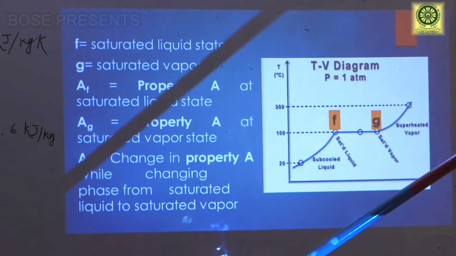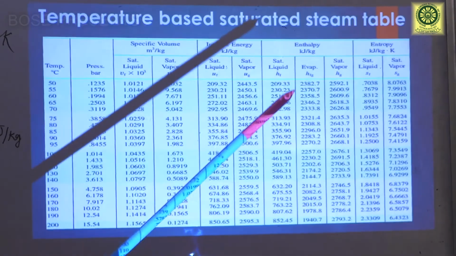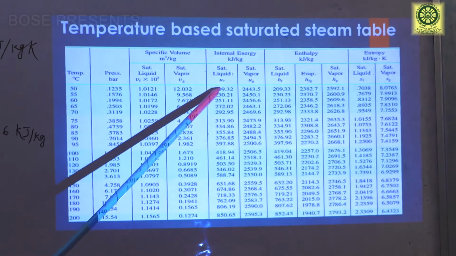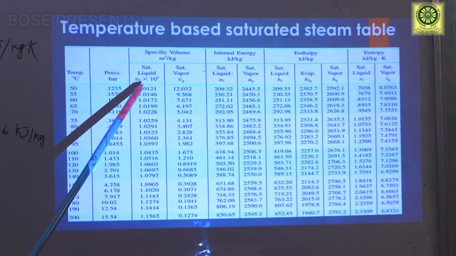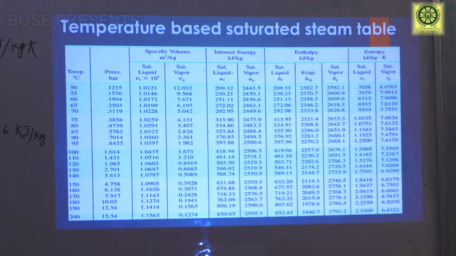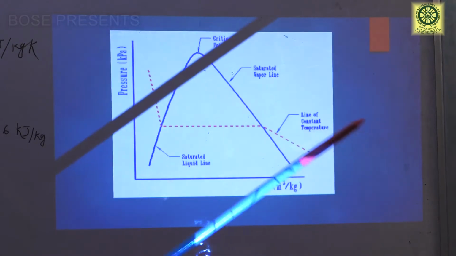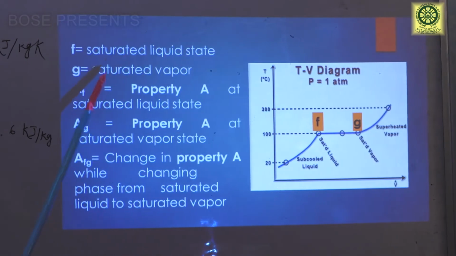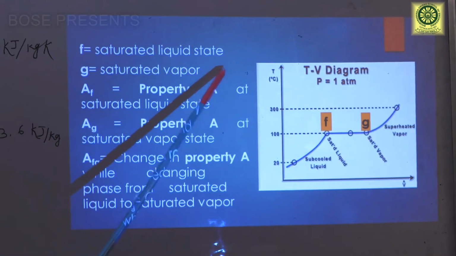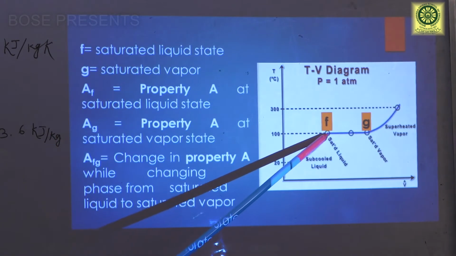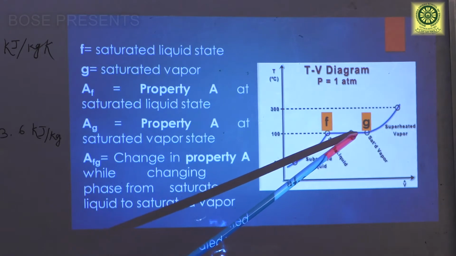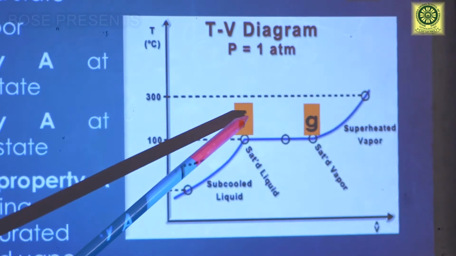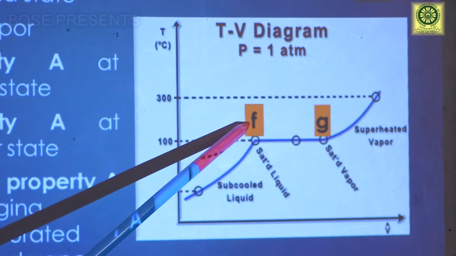Then you see some terms. Here you can see vf, vg, uf, ug. So what are these f and g? Let me show you the points f and g. F is your saturated liquid state, the state where liquid is about to convert to vapor phase. This saturated liquid state is usually denoted by the subscript f.